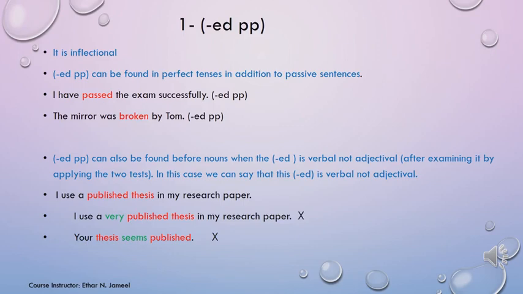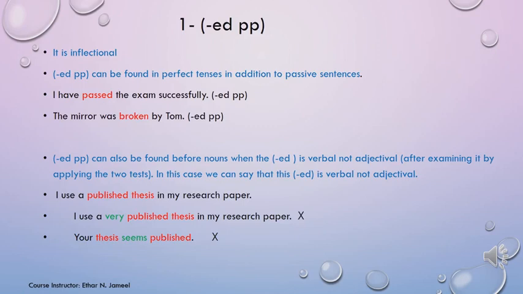How to know that the -ed form before a noun is an adjective or not? We have to apply the two tests that we applied with the -ing. The first one is to put one of the qualifiers before the -ed form, like very, rather, quite, more, and most. And the second one is to put the -ed form after the verb seem.